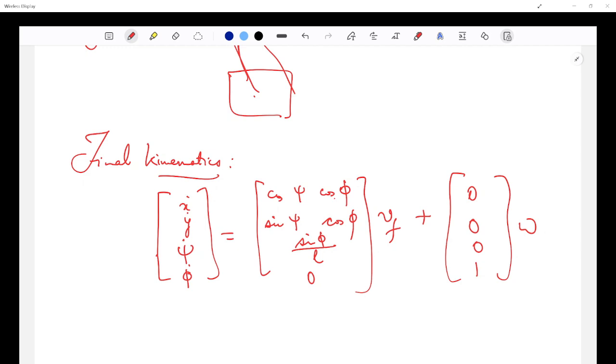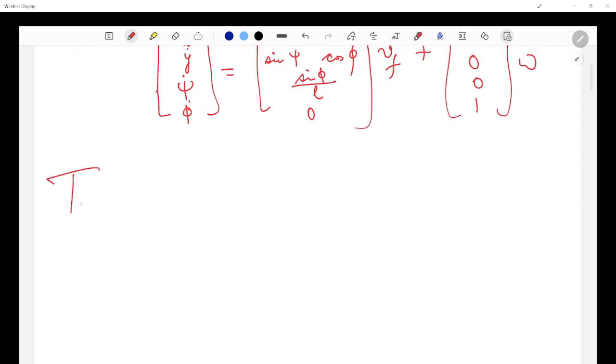So when we talk about tricycle and car, let's talk about tricycle first. It has one driven wheel, one steering wheel, and the other wheel is just passive. So it must have a single instantaneous center of rotation, right?